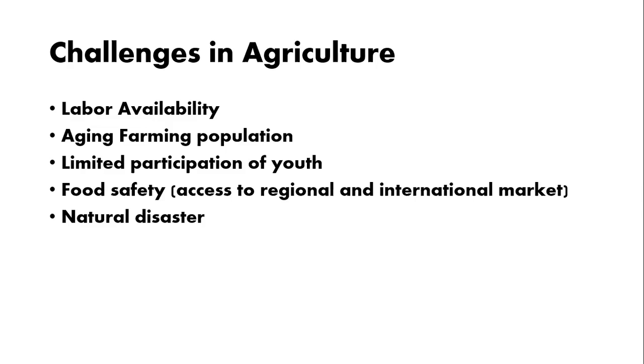And the availability of land, right? Availability of labor. Labor for agriculture is not much in demand, because some services and some manufacturing pay higher than agriculture, since the return for agriculture is very low. Therefore, a farmer cannot pay higher labor wages than manufacturing and services. So demand for agricultural labor is falling due to low payments, and the aging of the farming population is also one of the main challenges we are facing.